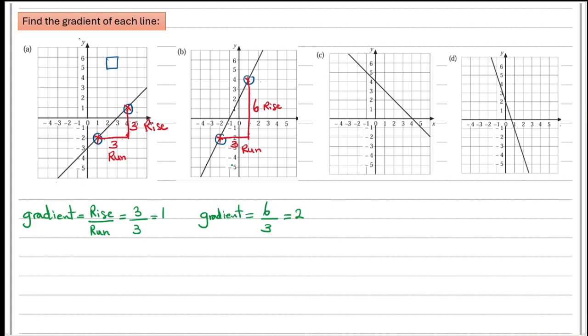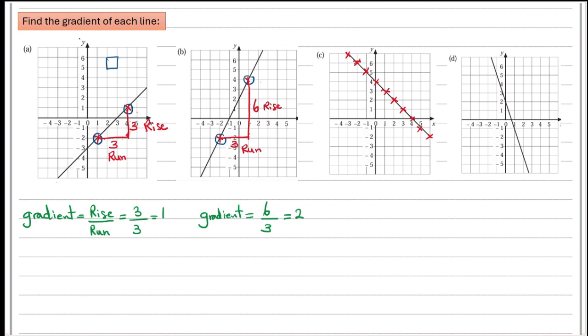For the line in part C, we again want to select the points on the straight line that lie on the corners of the little squares. We will have many selections again. Here is one choice, then another one, and many more.